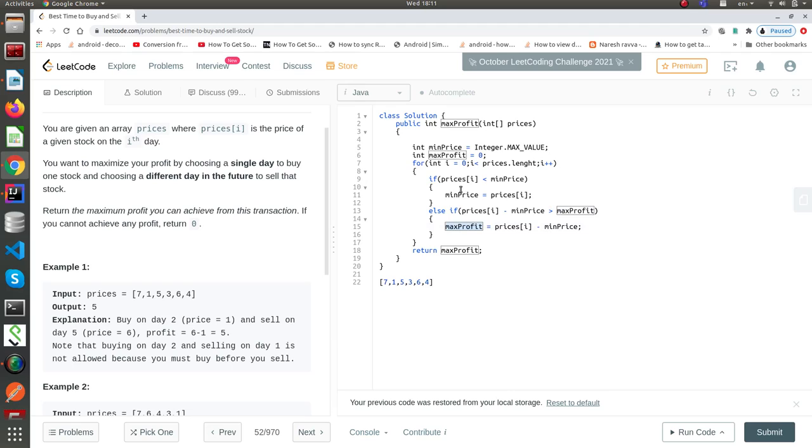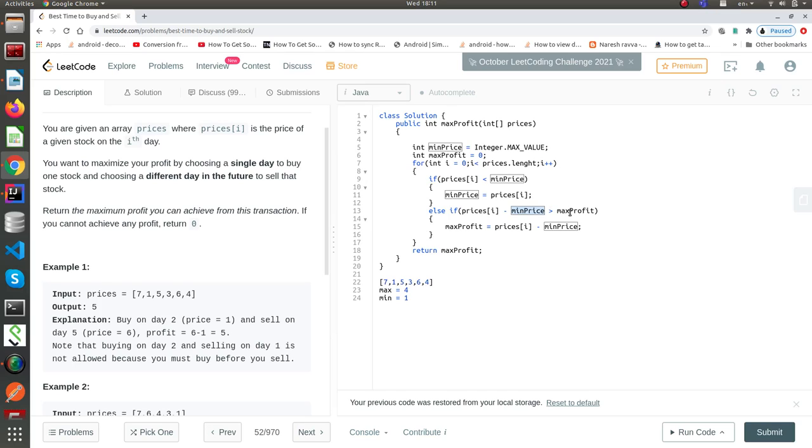Here we'll write max equals 4, and the min value is still 1. Okay, now the i value will become 3. So 3 is less than 1, no, so 3 minus min price, 3 minus 1 is 2.